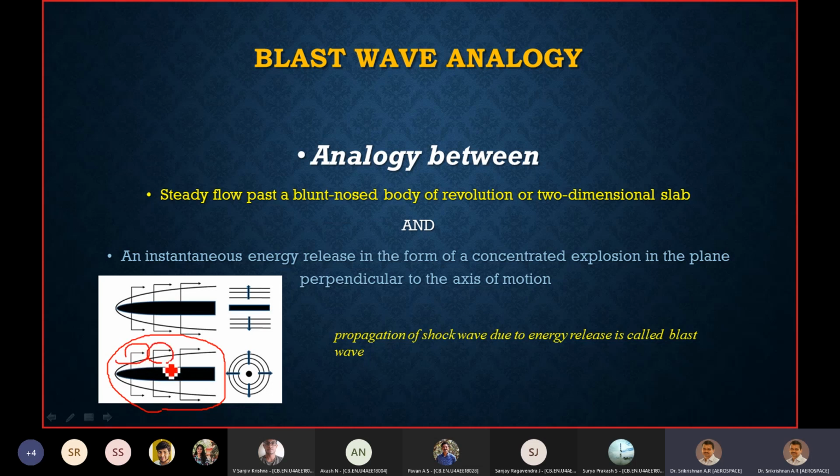These are the cross sections. Okay, so the physical situation is I have a slender blunt-nosed model, I have hypersonic flow past it. I assume that it will be steady. So I have a steady hypersonic flow past a model.